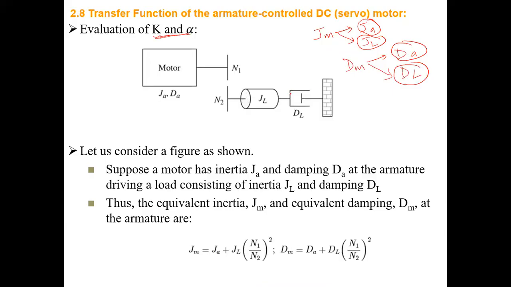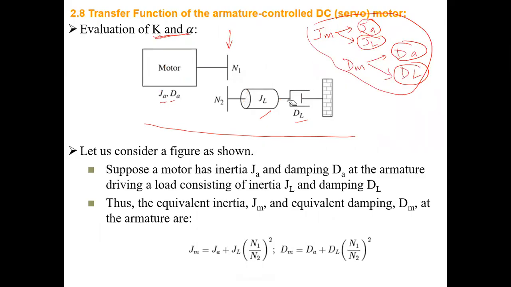Now we can represent this kind of situation in this picture here. You have the motor. On the motor side, you have JA, and on the other side, you have the load. The load has DL and JL. Then in practice, the motor and load are always connected by gears like this.